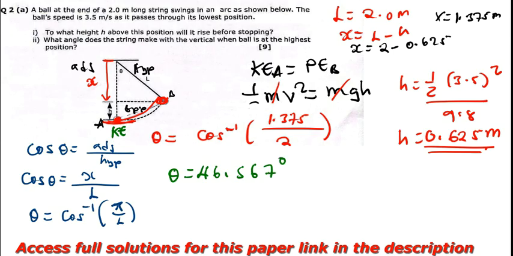To make things simple, let's just round it off. So it's 46.6 degrees. That's the angle. So that is it for question 2a. So it's just a matter of you understanding what is happening, and it's very easy. Okay.